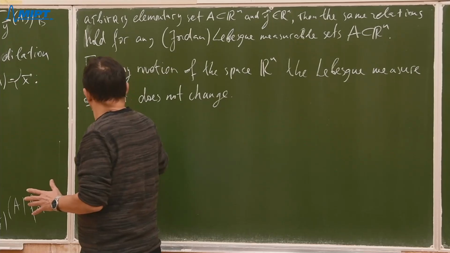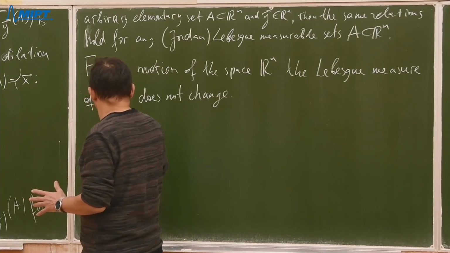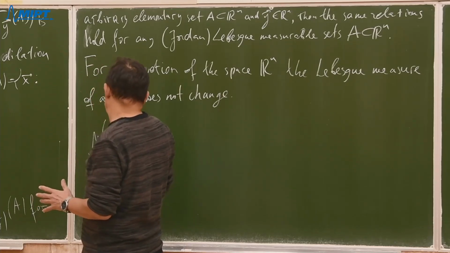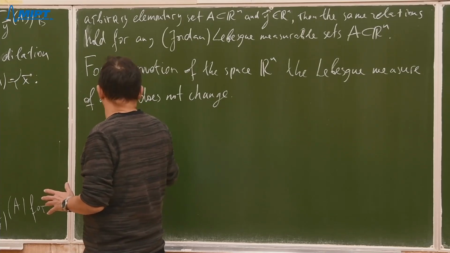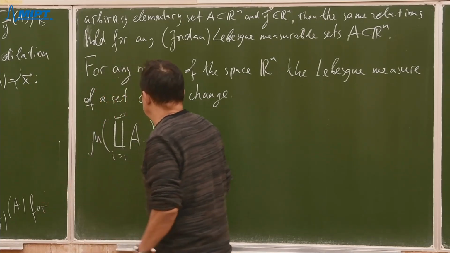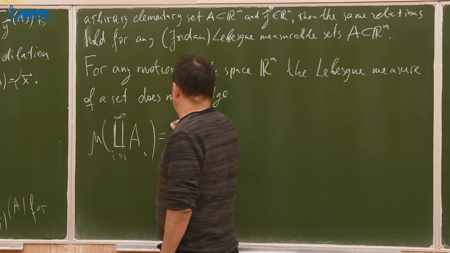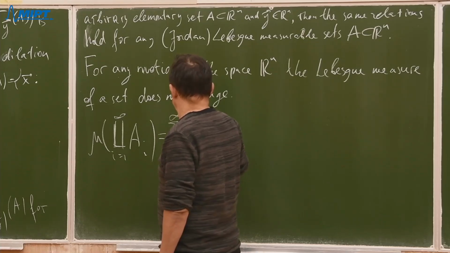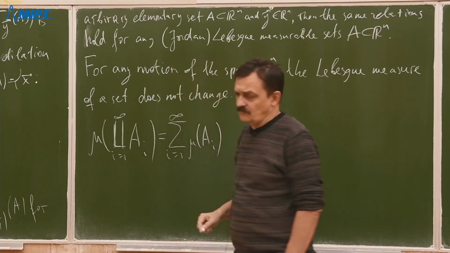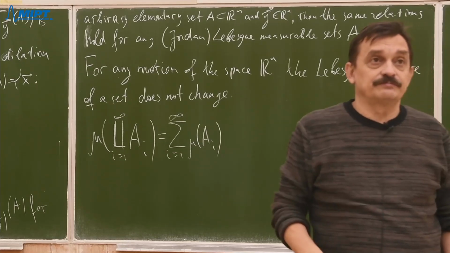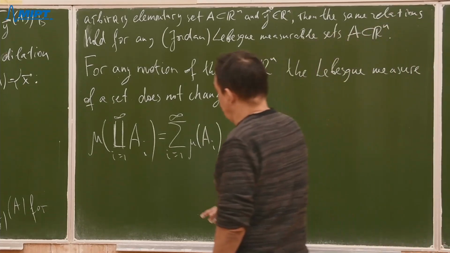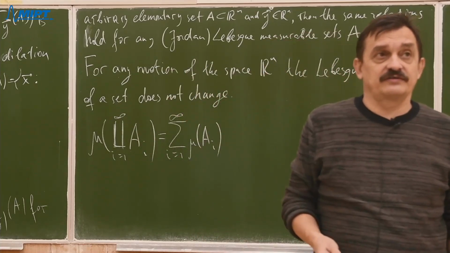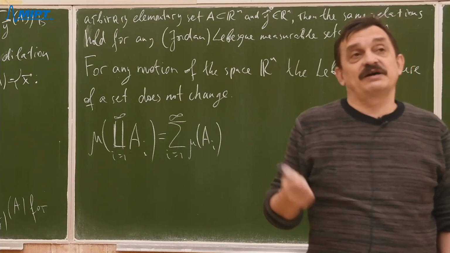Measure of disjoint union, right? Like that, of measurable sets is equal to the sum of measures. Disjoint union, right? So union when all sets do not intersect each other, right? So that is sigma additivity.